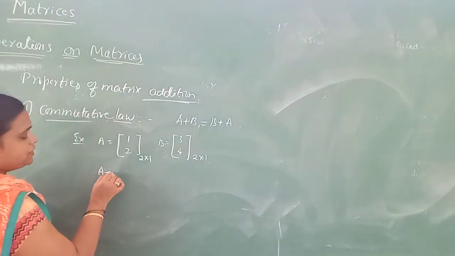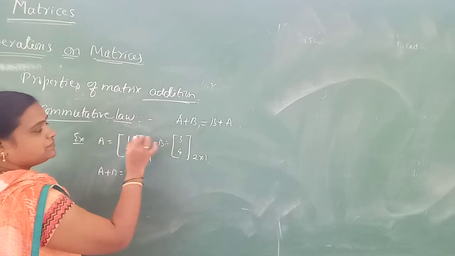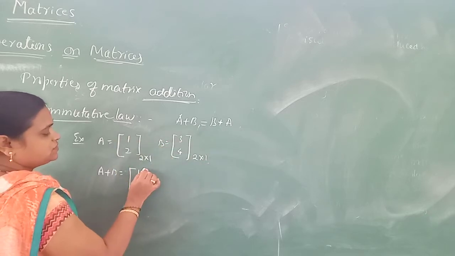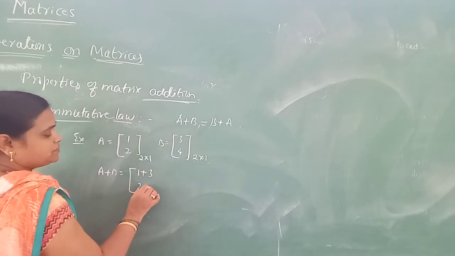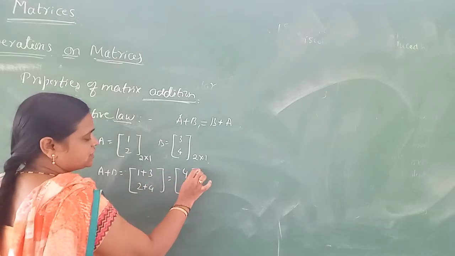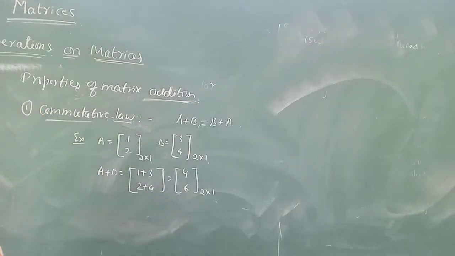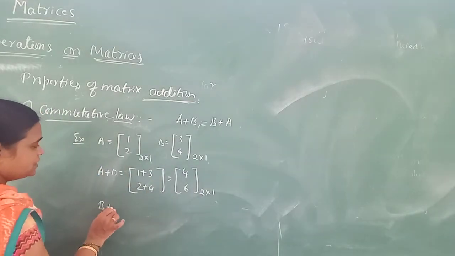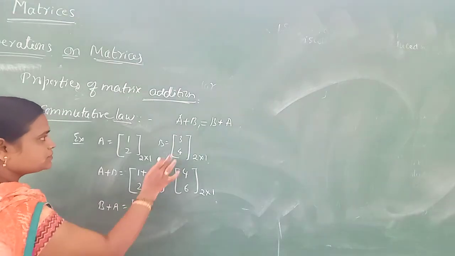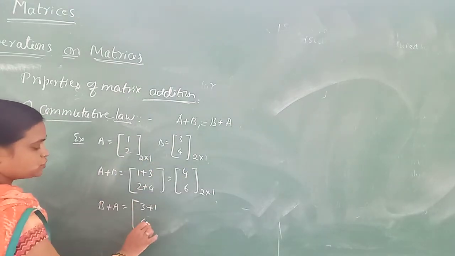Do A plus B. What do we do? Corresponding elements we add. 1 plus 3, here 2 plus 4. We get 4, 6, again the same order. Next do B plus A, reverse: 3 plus 1, here 4 plus 2.